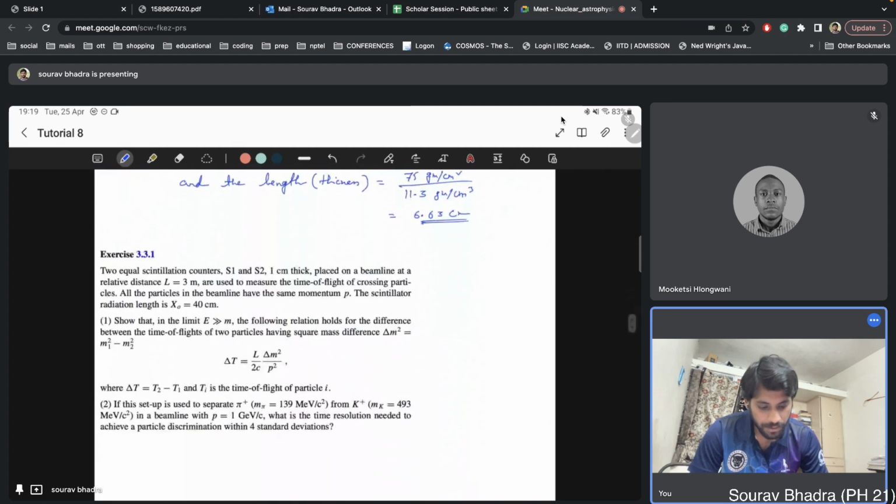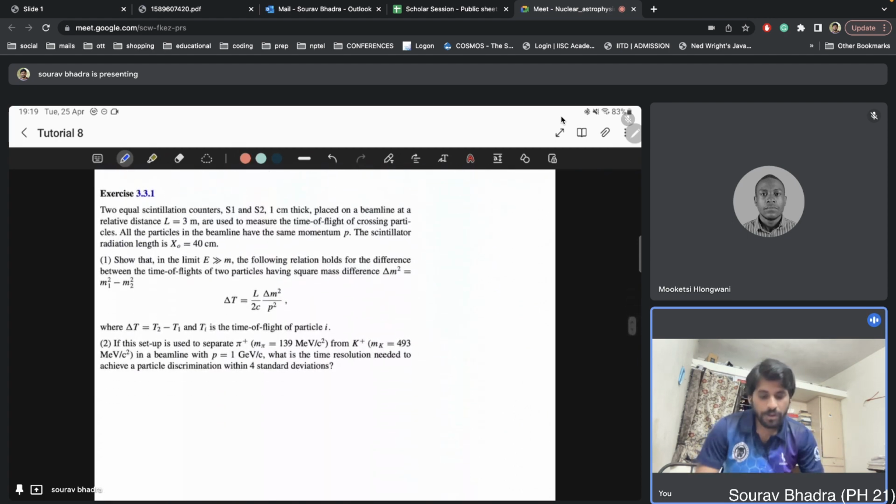Okay. Now we will go to a problem of the time of flight method, which has been covered in the last class. In the detector part, the time of flight method is a way to detect various nuclear reactions or various products.